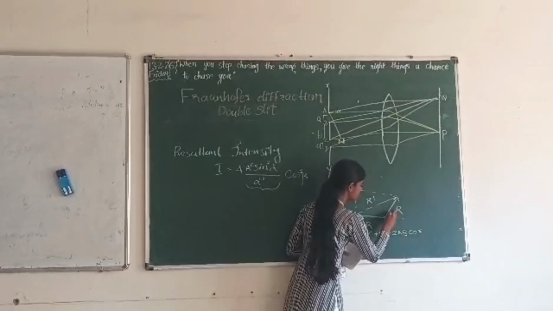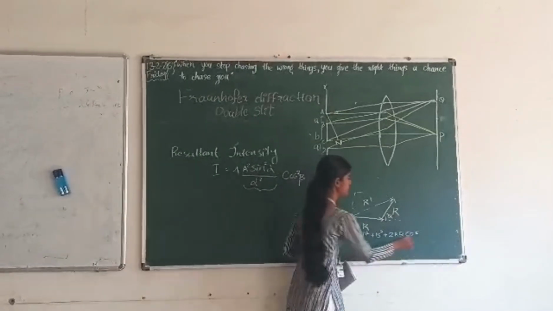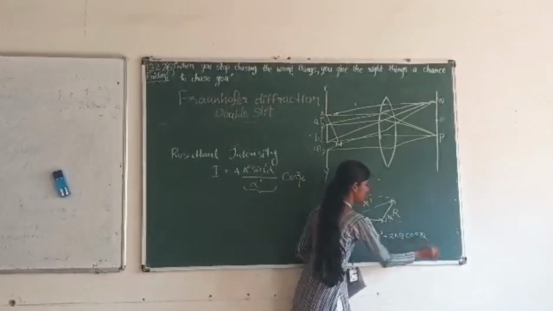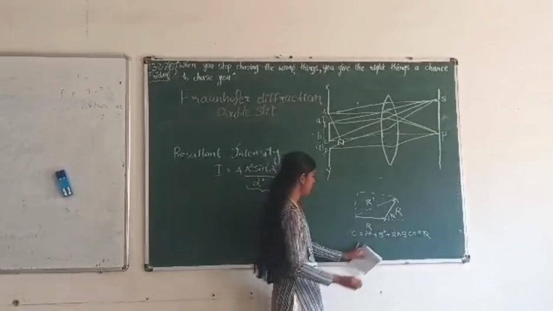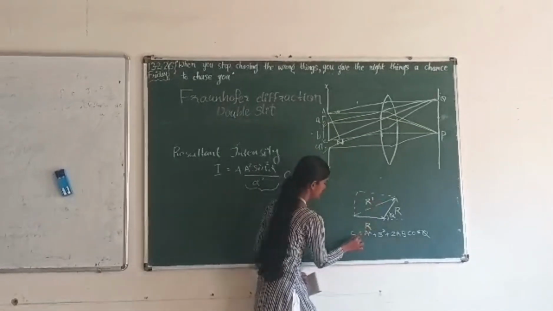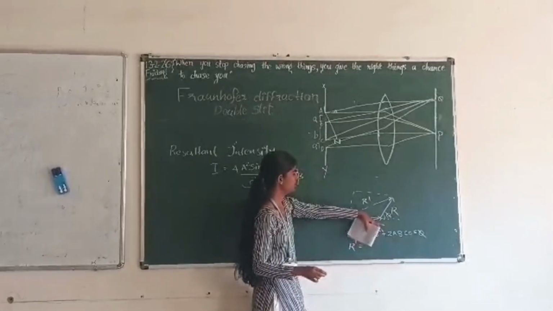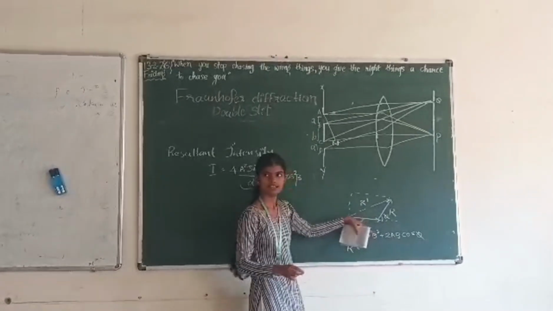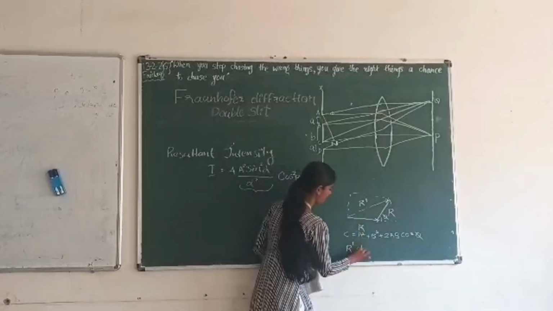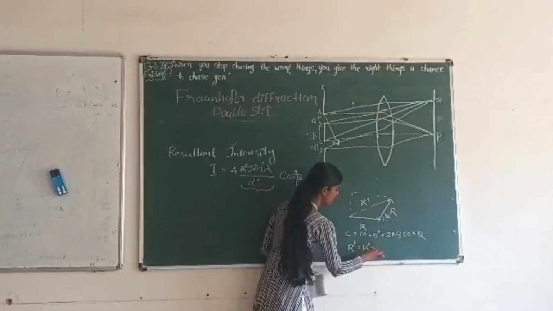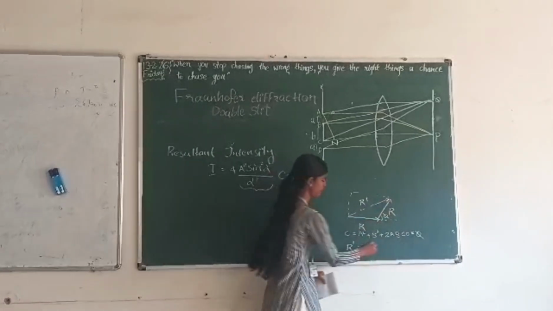We take the angle as phi. Here A square is R square, B is also R square.